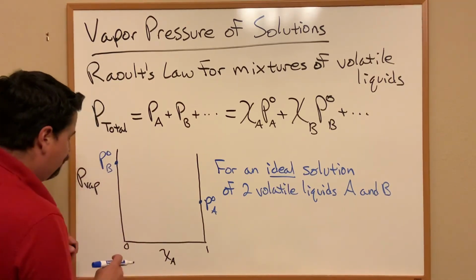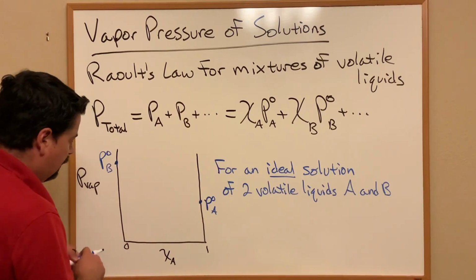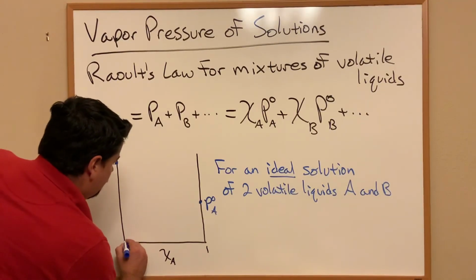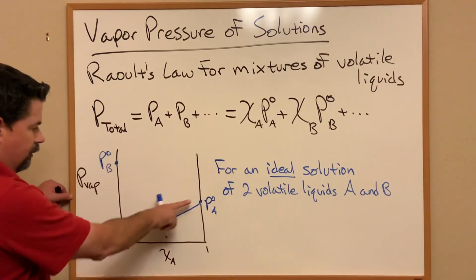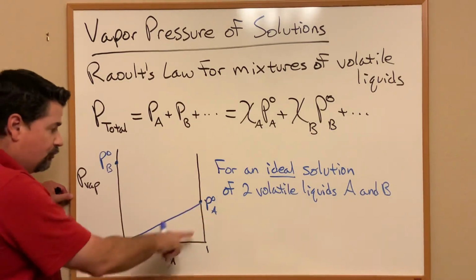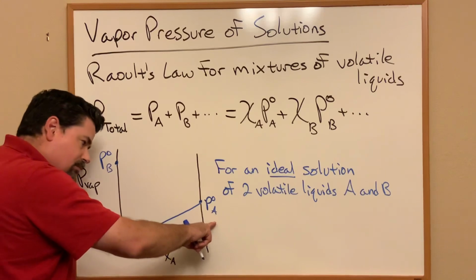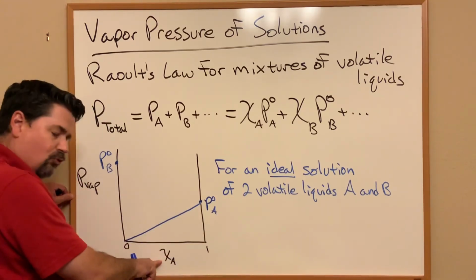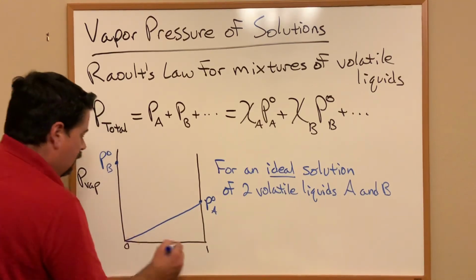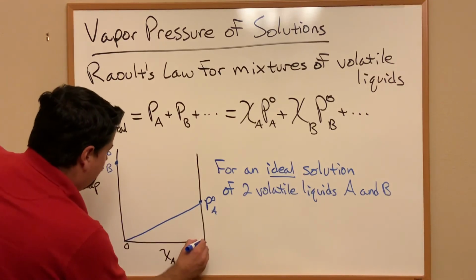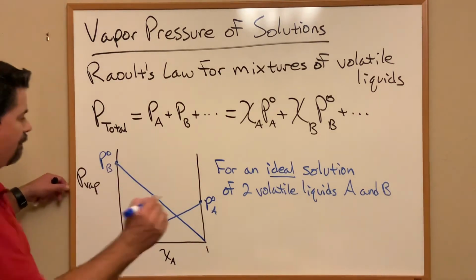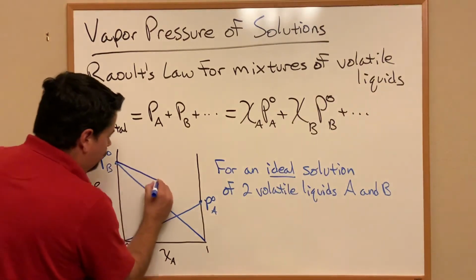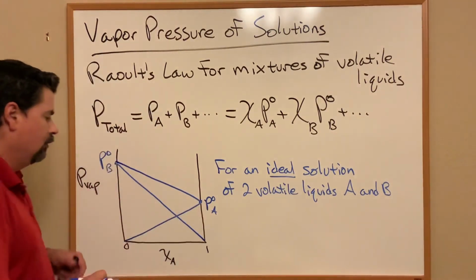And so I could say that my pressure due to A is going to increase in a linear fashion because it's just pressure of pure A times mole fraction of A. And then the same thing with my pressure of B. And of course, adding those two together gives us our overall pressure.